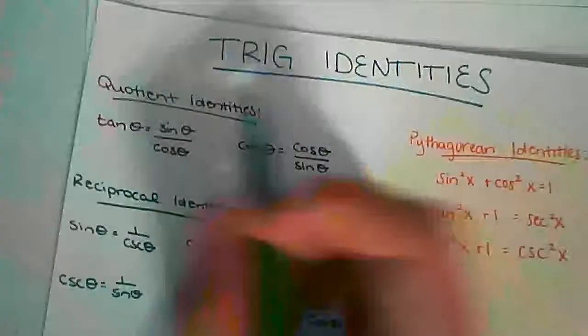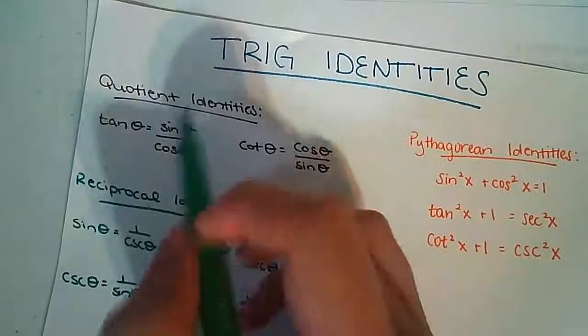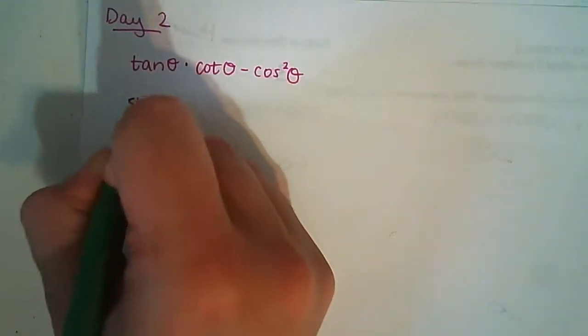So I think I'm going to have to change things into sines and cosines for this one as well. So another way to write tangent is as sine over cosine. So let's go ahead and change that. And same thing, cotangent in terms of sines and cosines is cosine over sine.